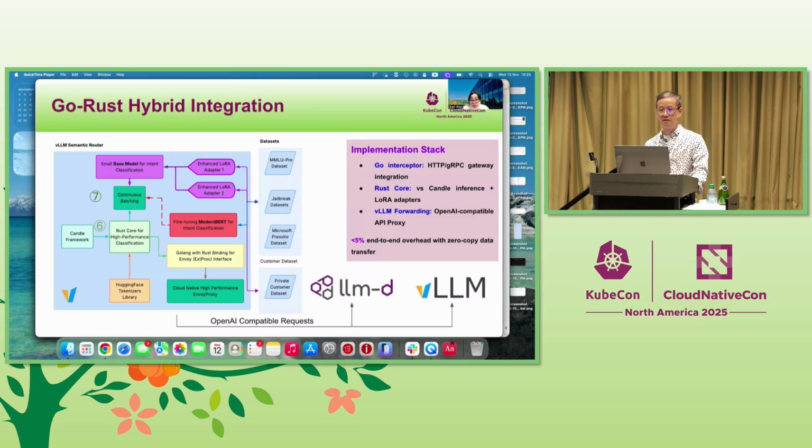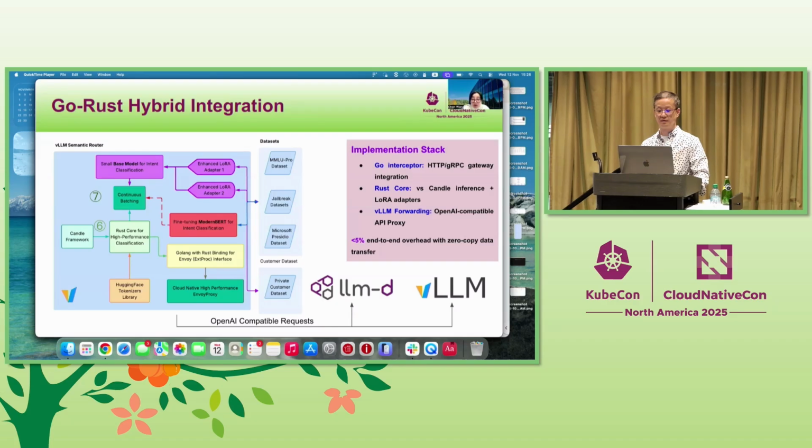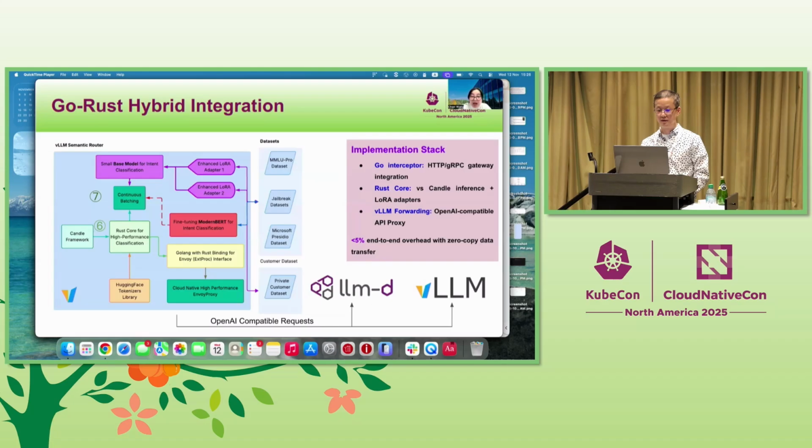And in the future, we will support more, like guardrail models, for AI safety purposes. All forwarded requests are OpenAI compatible, so it can directly connect to different backend inference stacks, such as LLM from IBM or raw vLLM deployment. This stack achieves less than 5% end-to-end overhead with zero-copy data transfer, making it production ready as an Envoy extension proc filter or a standalone Go interceptor.